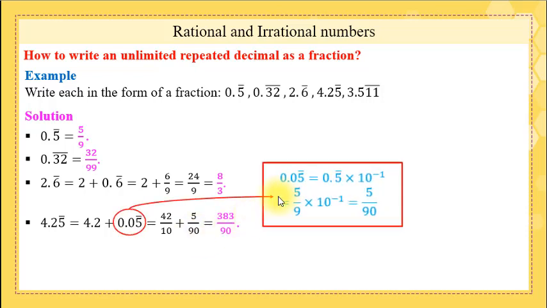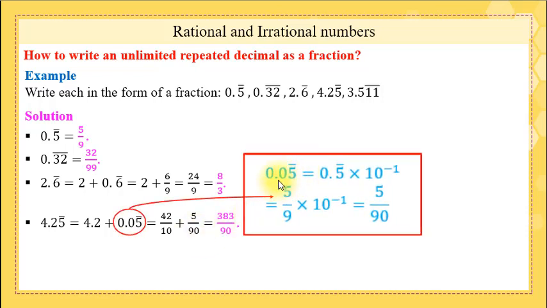Because for 0.05 bar, if we move the point to the right only one time, then we have 0.5 bar times 10 to the power minus 1. Then we write 0.5 bar as 5 over 9 times 10 to the power minus 1. If we move 10 to the power minus 1 into the denominator, we get 10, and finally we get 5 over 90.